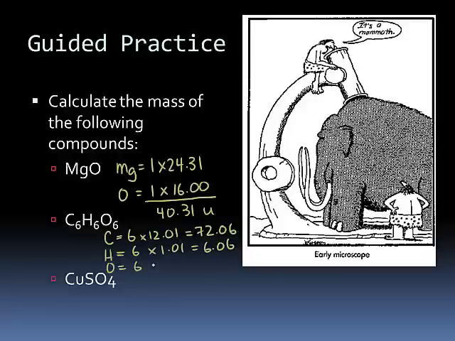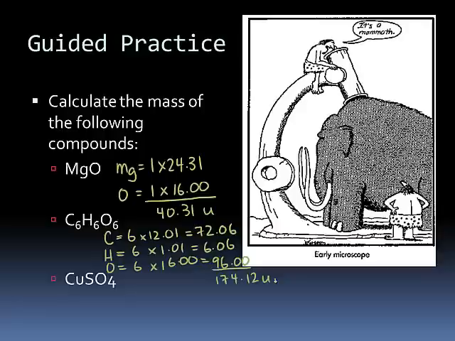And there are 6 oxygens, which weigh 16 each, meaning 96 atomic mass units. Adding those together, we get the atomic mass of the molecule, which is 174.12 atomic mass units.